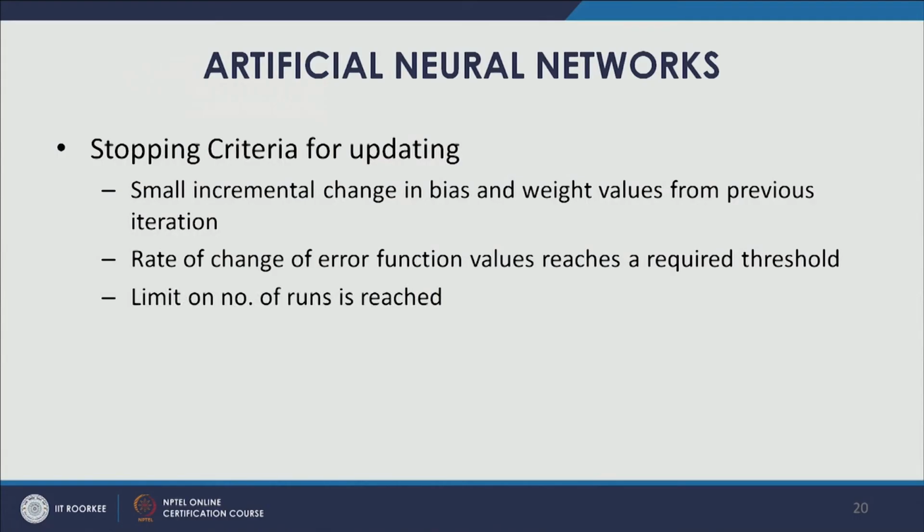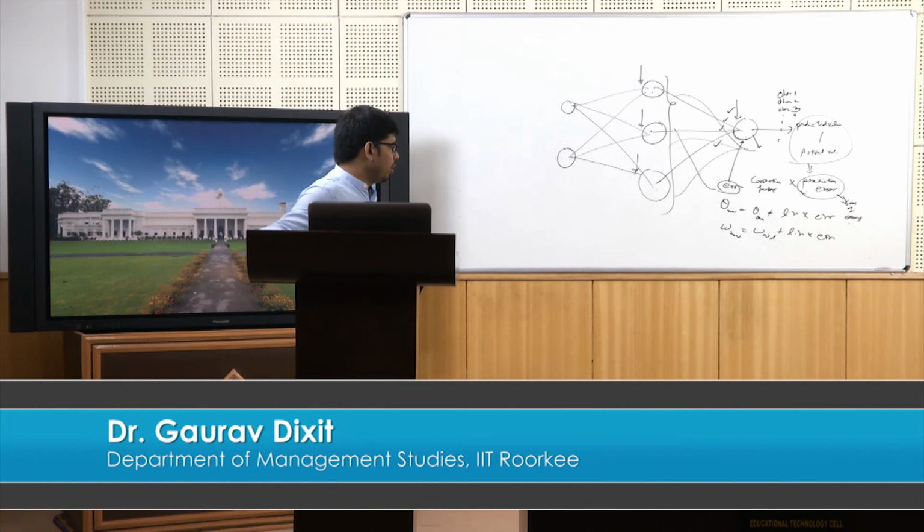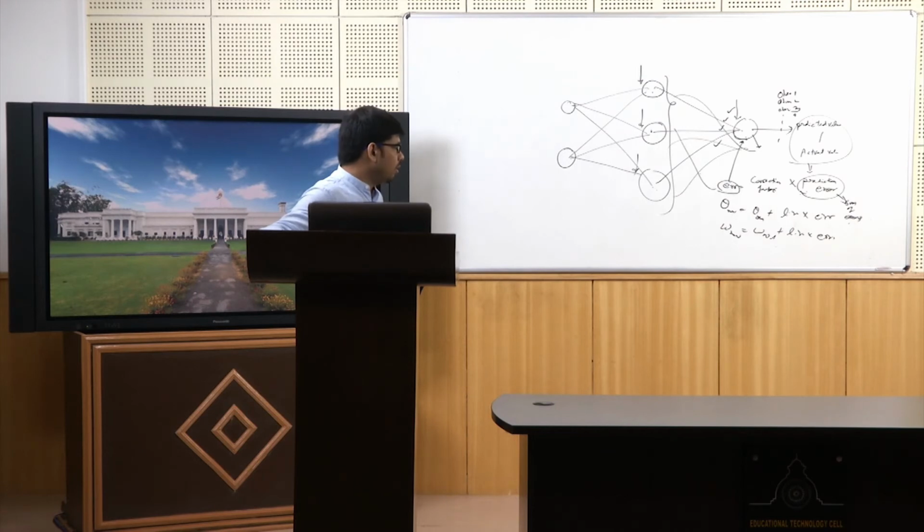As you can see, the first is a small incremental change in bias and weight values from the previous iteration. So if the change that is happening, that is the learning rate times error component, the second component that is being added to the previous value, is very incremental, there is not a significant change.